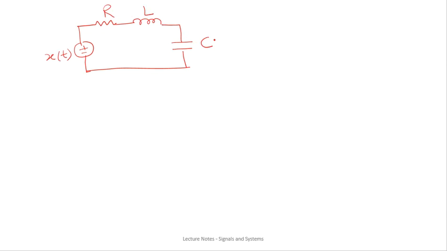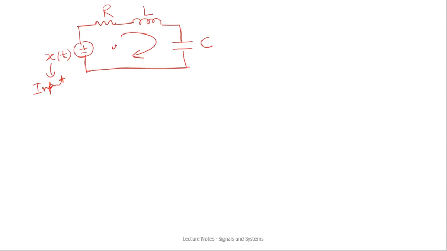As an example of a differential equation that describes the behavior of a system, you can consider this RLC circuit, and you can assume the input as the voltage source x(t). So this can be taken as the input, and the output can be the current around the loop.